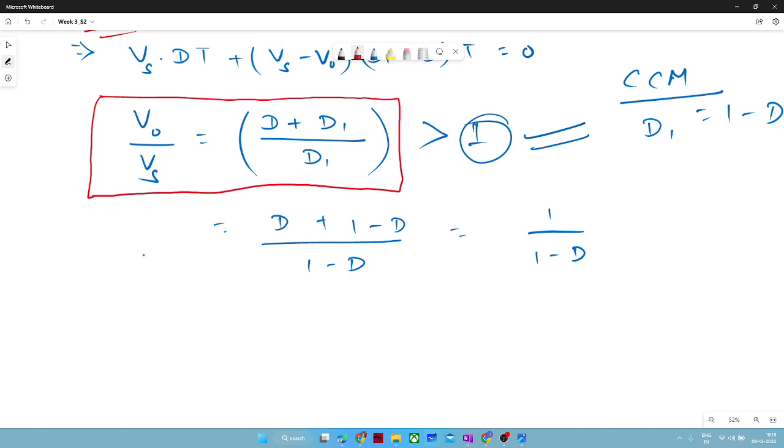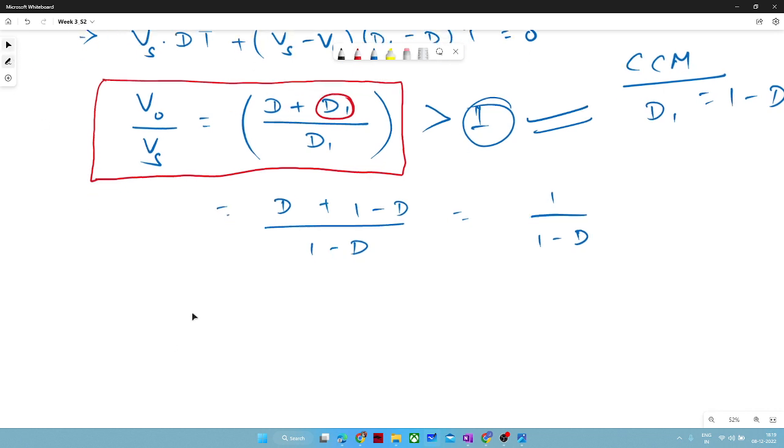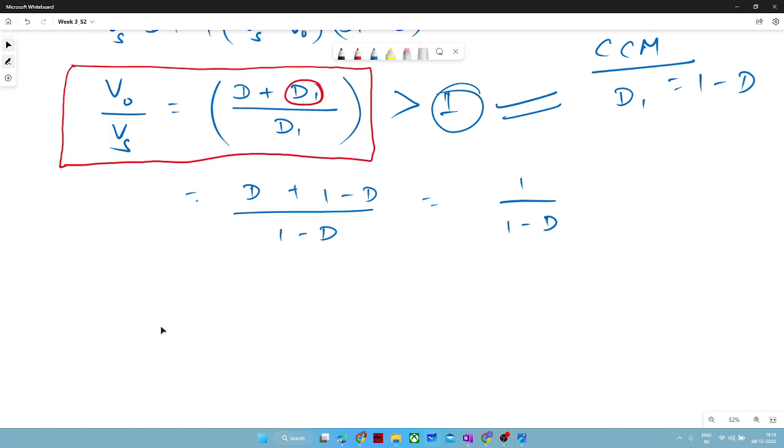After this, we will need to derive D1 in terms of known quantities. We know D, Vs, V naught, F, L, R and so on. D1 would not generally be given, so we should know how to find it. Now we will move towards deriving it.